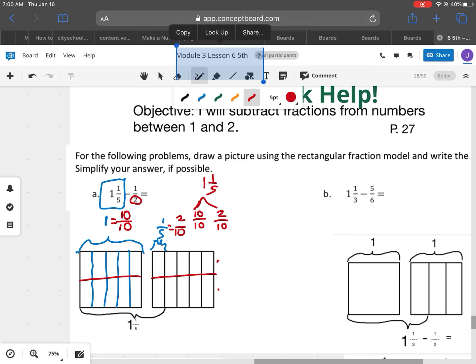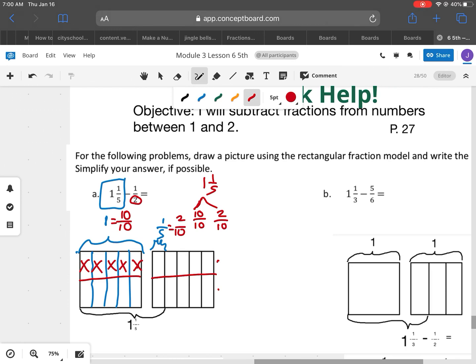Okay? So half of this is right here. I'm going to cross it out. I'm going to show you that I'm going to cross out half of this. So I'm subtracting the half from the 10 tenths. Okay?